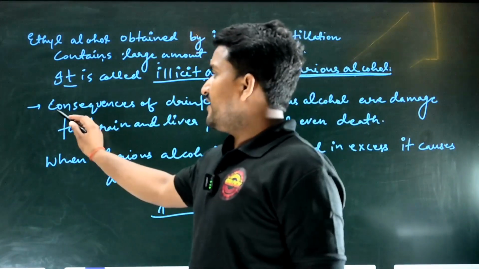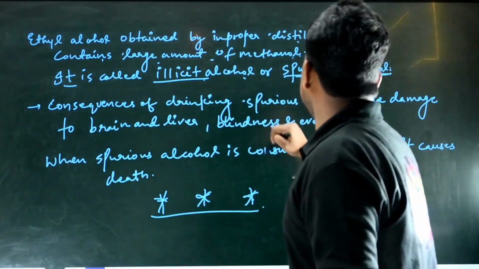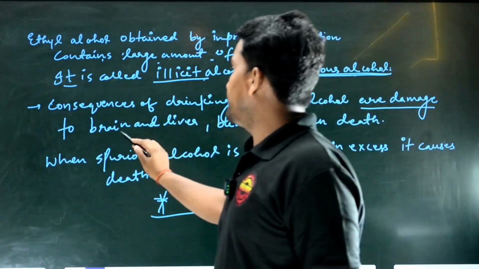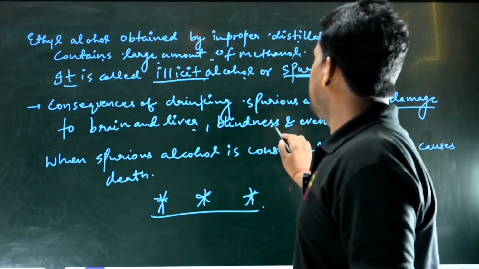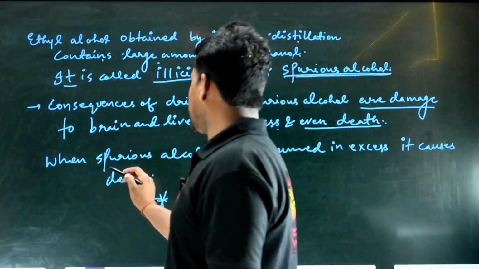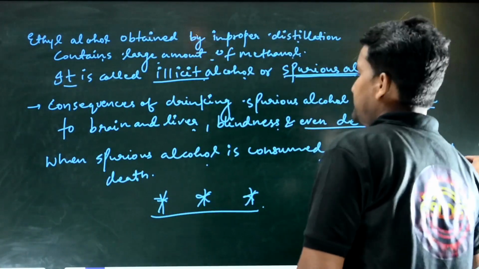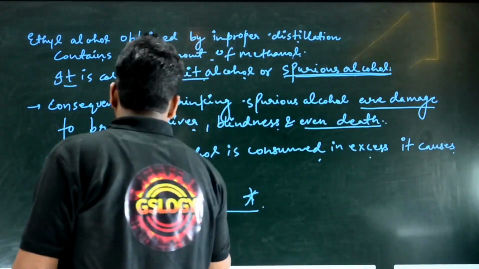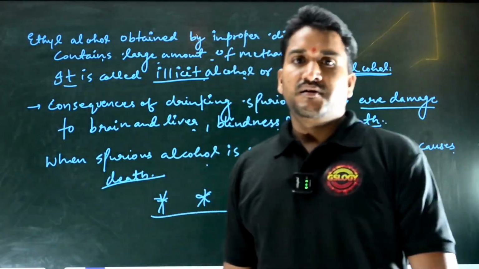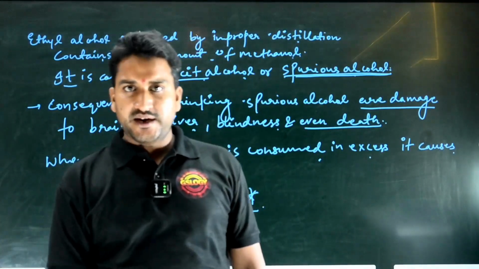When you drink this type of alcohol, it can damage your brain and liver, cause blindness, even sudden death. When spurious alcohol is consumed in excess, it causes death. So, clear? The topic of alcohol is completed.